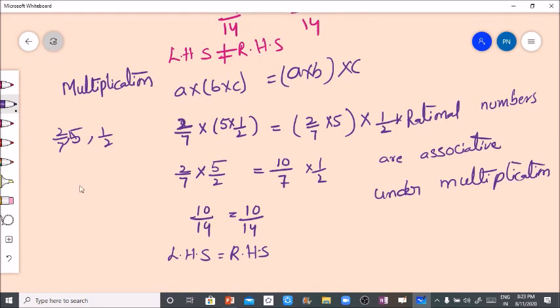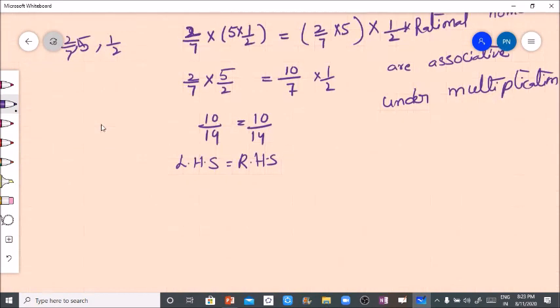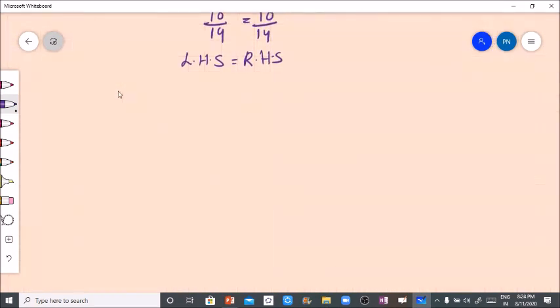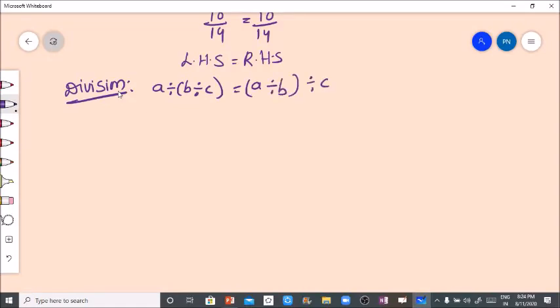Right, children. Okay, after multiplication, the next basic operation is division. Is (A divided by B) divided by C equal to A divided by (B divided by C)?